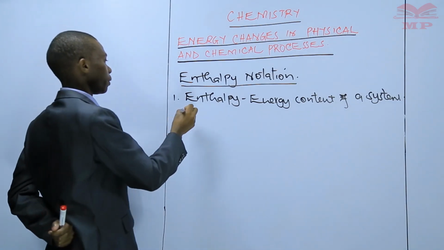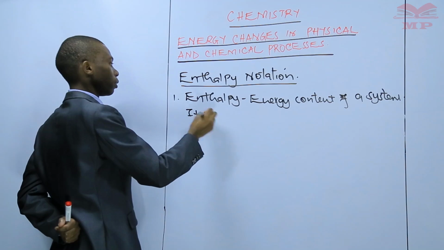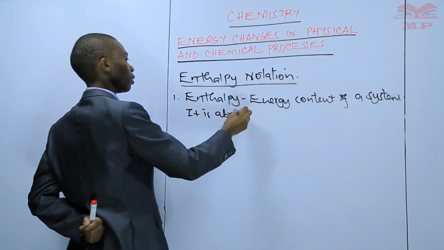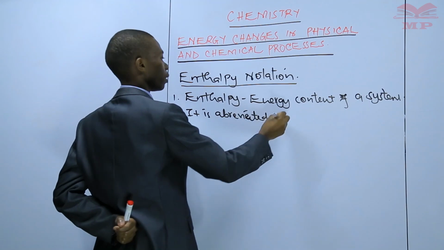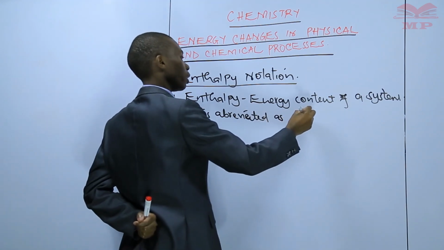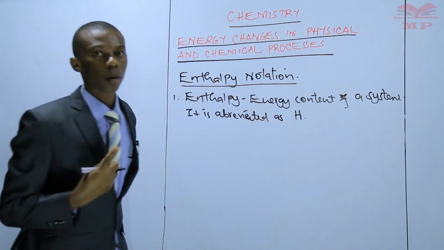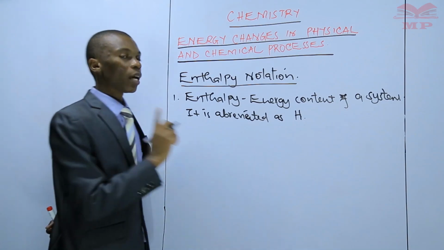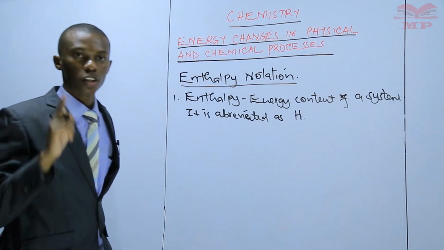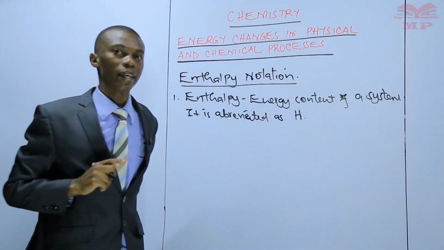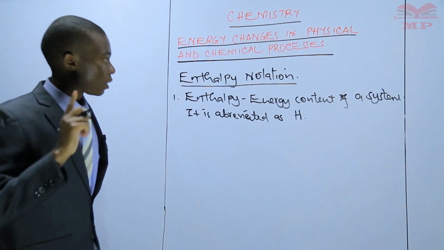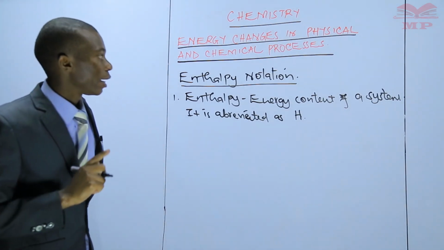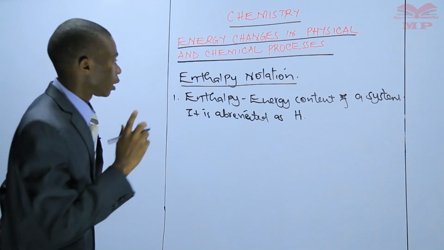This is abbreviated as H, capital H. So anytime you see capital H, then you know that that is the enthalpy. So the energy content of a system is abbreviated as H.